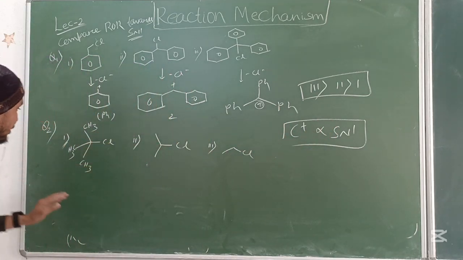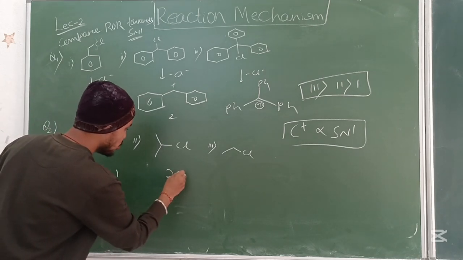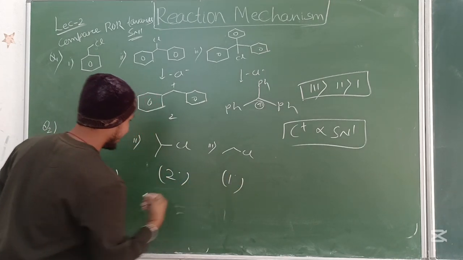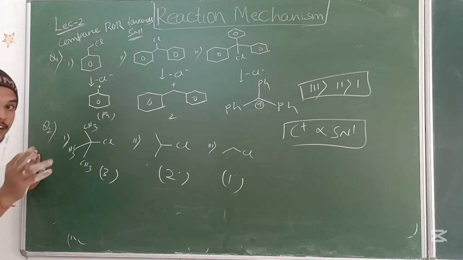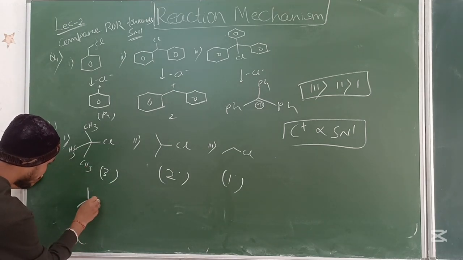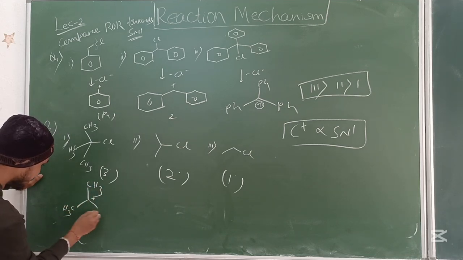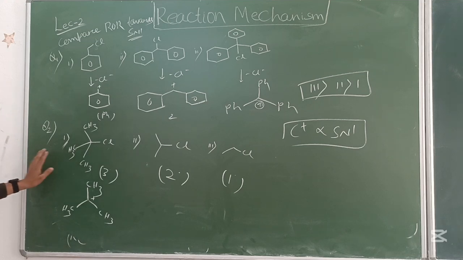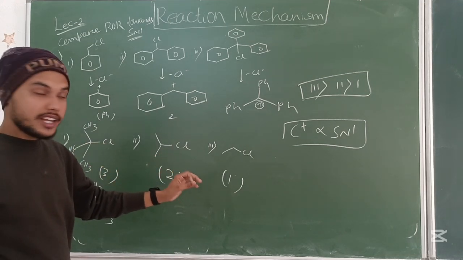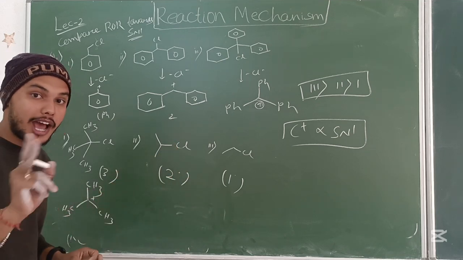So come to the second question. It is a 3 degree alkyl halide, it is a 2 degree alkyl halide, and it is a 1 degree alkyl halide. So first remove the leaving group and form the carbocation. In this case, you have to check the number of alpha hydrogens. What do you mean by alpha hydrogen?